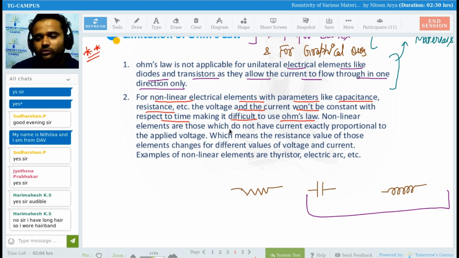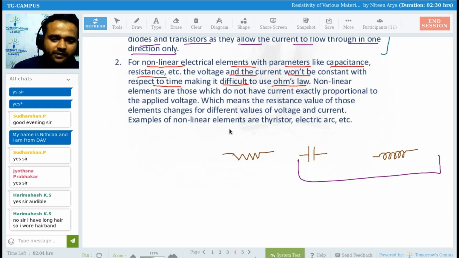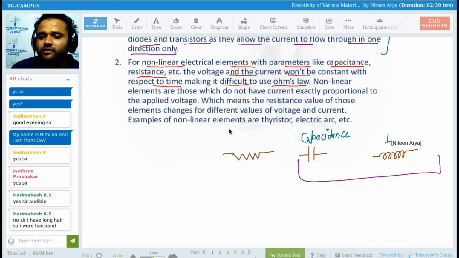So when they are dependent on time, they represent some, you can say, exponential graph or non-linear graph in general. Okay, let me write it down. This is your capacitance, and that is your inductance or inductor in general.